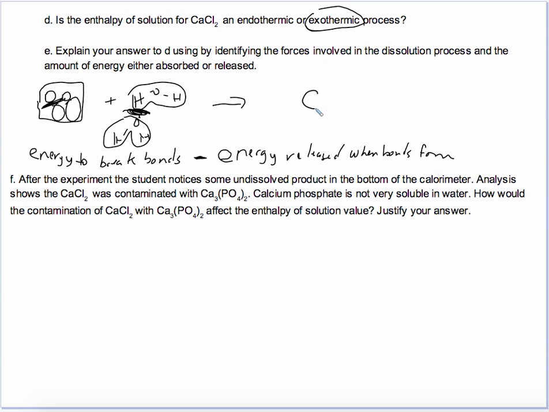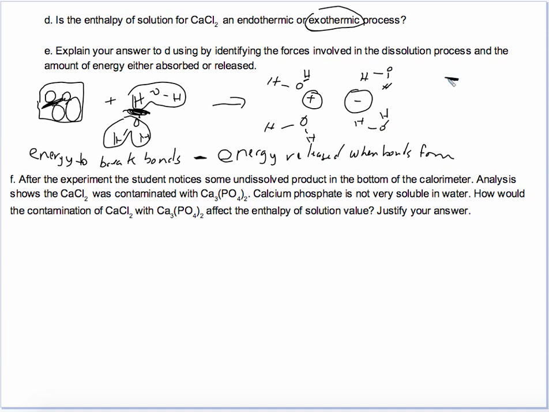Basically you're going to get a calcium ion, we'll just call that the positive ion, and chloride ions, negative, but they're going to be surrounded by water molecules. And when the water makes these ion-dipole attractions, that's going to release energy.